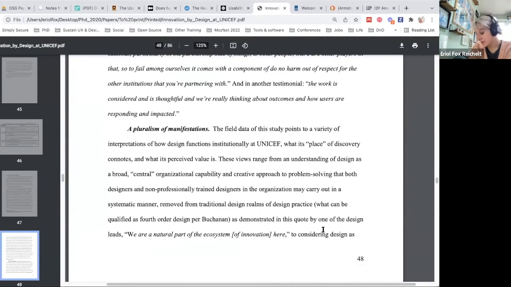There are then some sections here that I've highlighted. Design as a broad central organizational capacity, which is a whole can of worms to talk about in relation to other kinds of open source. Outside of a humanitarian or human rights ownership or custodian context, how can you have a central design capacity for an open source software project or tool if it is not organizational, institutionalized, which many are?